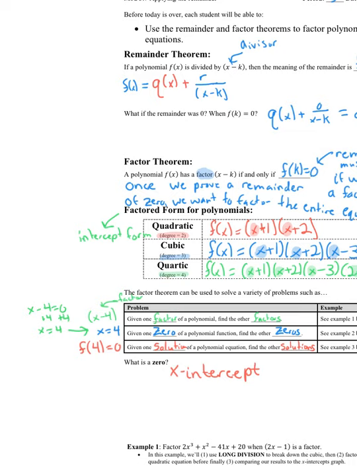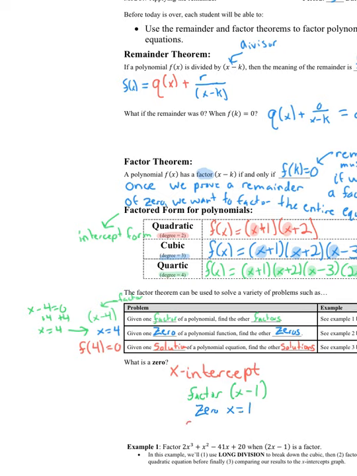So we have the factor, an example of which is x minus 1. The zero of this would be x equals 1.